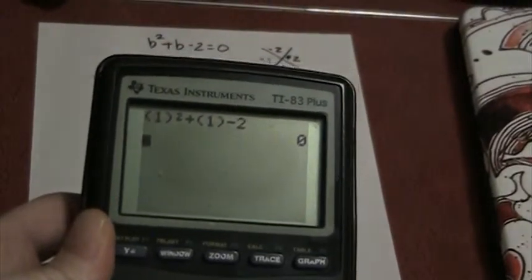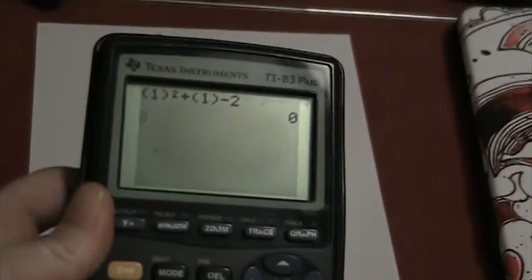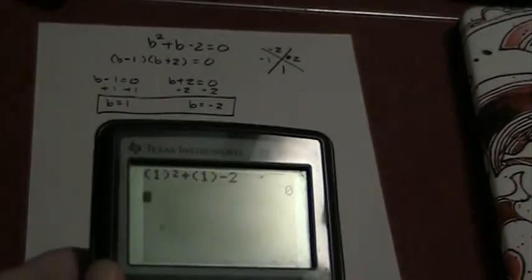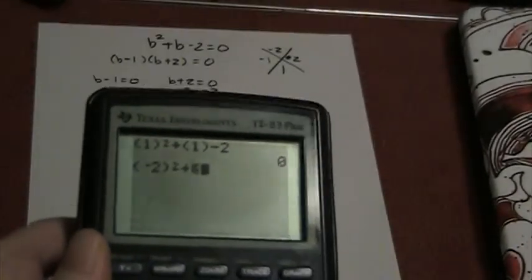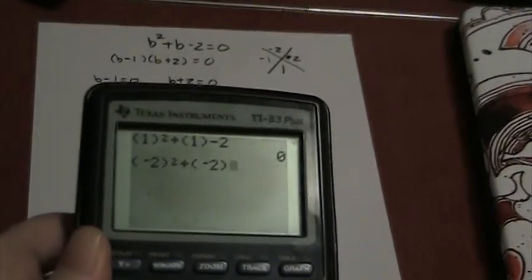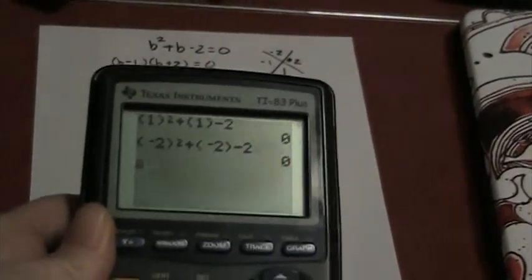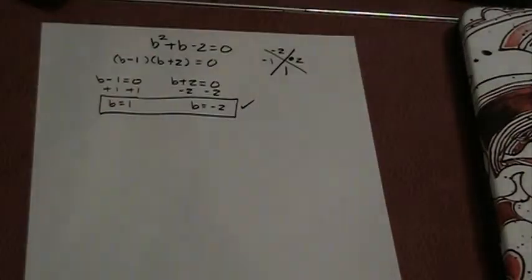And I did get 0, so I know b equals 1 is a solution. And then if I'm testing my second solution, which was b equals -2, I would do parentheses -2 parentheses squared plus parentheses -2 and then minus 2. And I got 0, so my two solutions check out, so I know they're right.